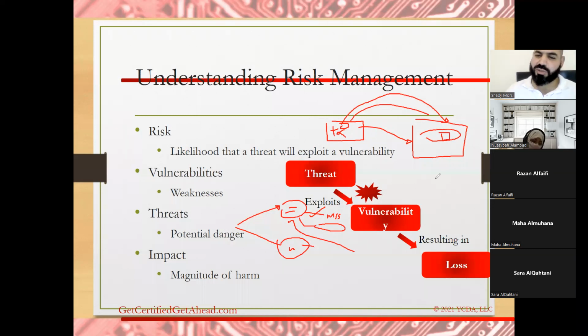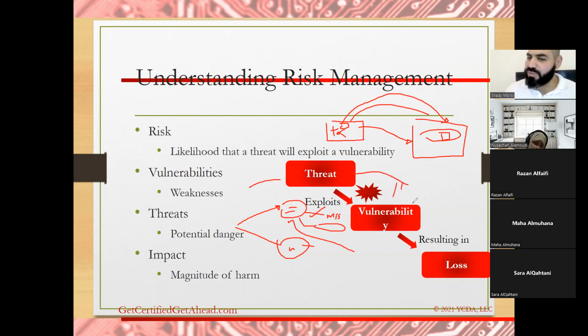Okay, guys. So we talked about threats, but inshallah, in a couple of days, we'll talk about threats in more depth. What I wanted you to understand from this diagram so far is that I have a potential danger that can harm my system, whether by compromising the confidentiality, integrity, or availability.